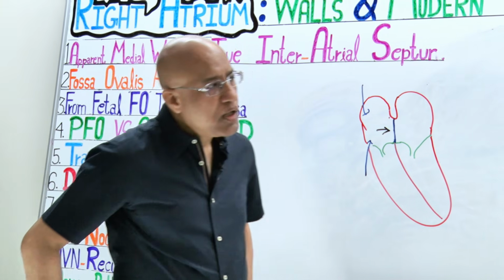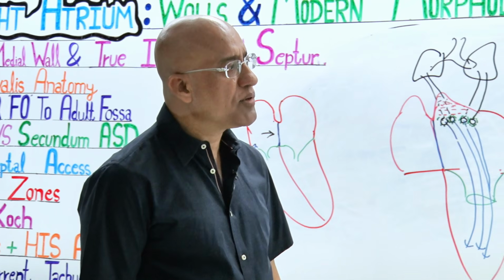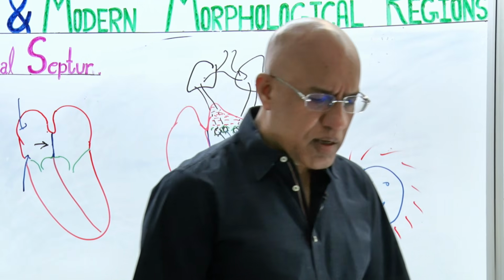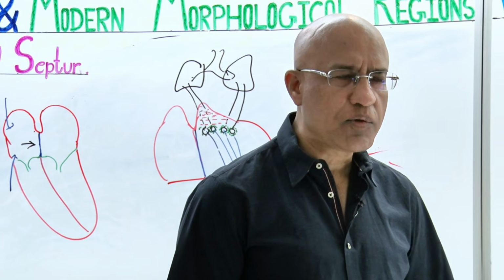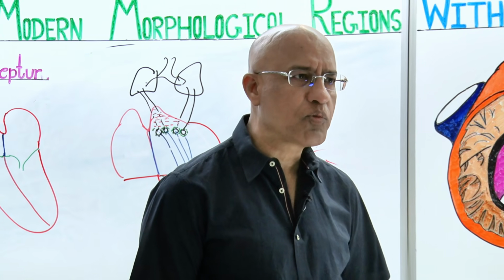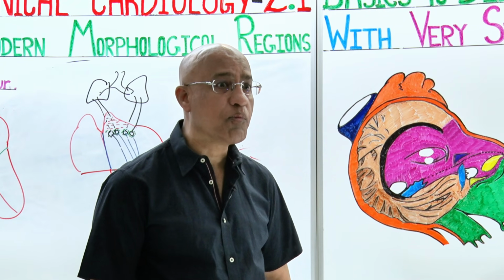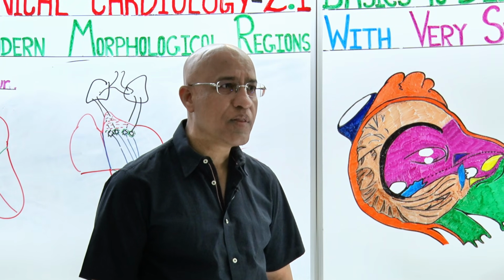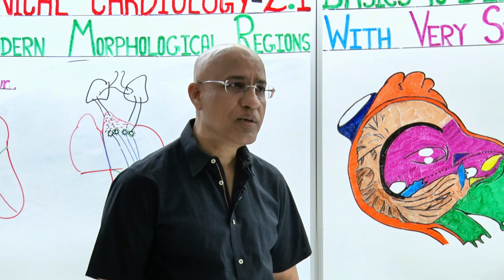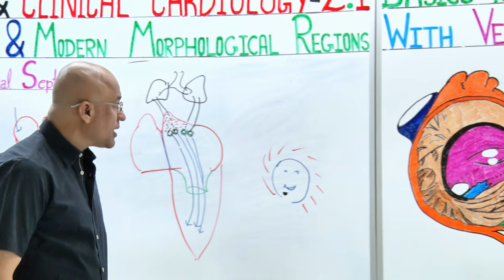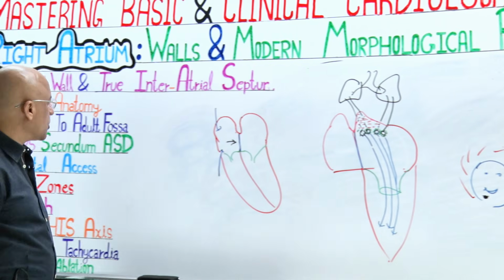So if you have to do a transseptal puncture, it is important that you puncture through the fossa ovalis. But it is also more important to know the vector or trajectory of your needle and catheter or sheath, right? Then complications. I told you complications.